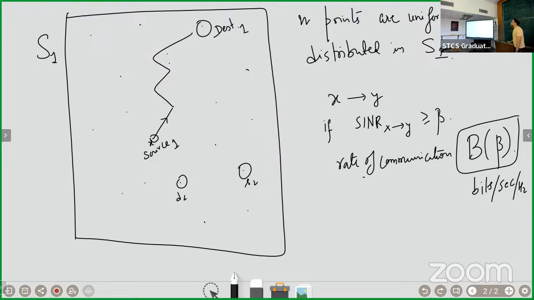If it was h hops away, it's not necessary that the source is directly connected; it could be that I'm actually going to route traffic. So supposing I'm using h hops, what is my rate of communication? Does it come down by h or is it independent of h?